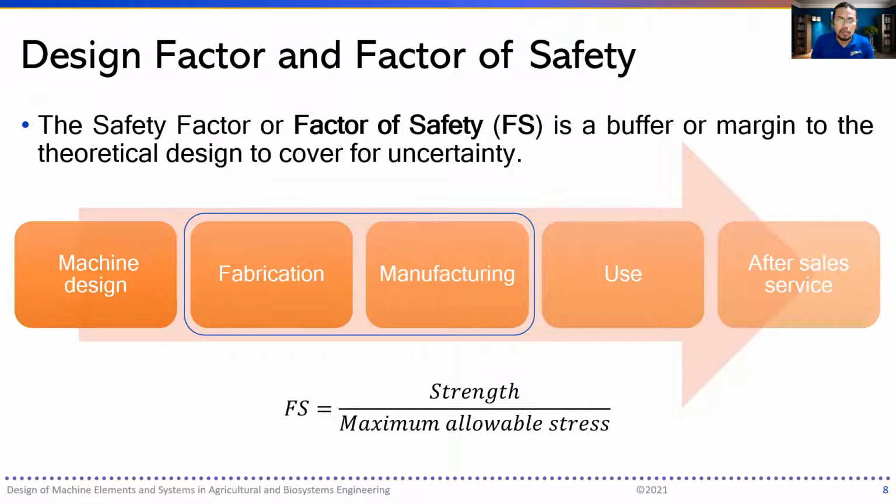Now, the factor of safety is simply the strength over the maximum allowable stress. And there's not much of a problem in considering the factor of safety, simply because there are identified standards, or numbers, to use as the factor of safety during development or design of a machine.